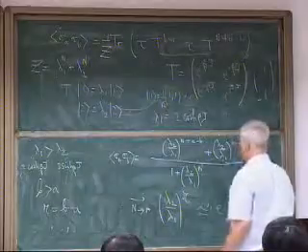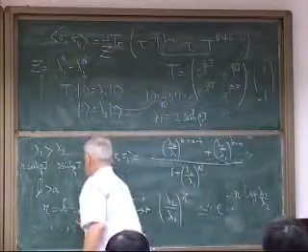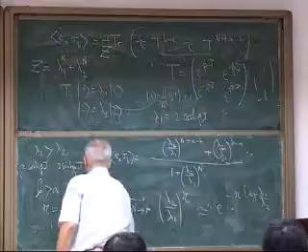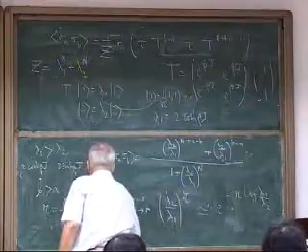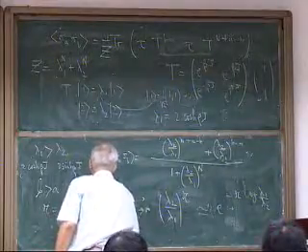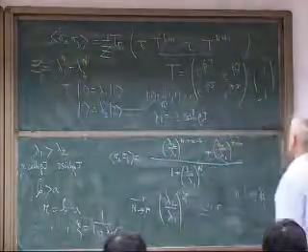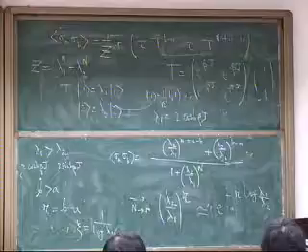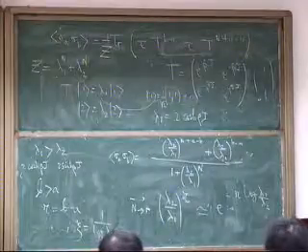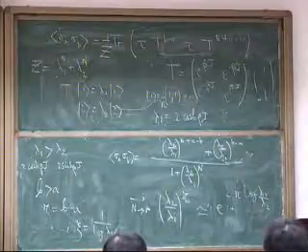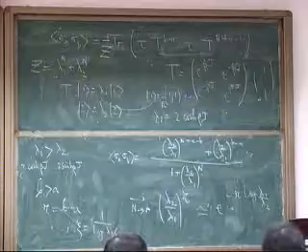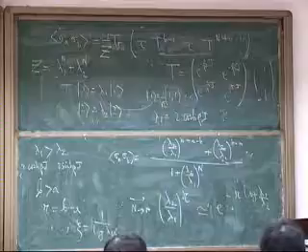There is a correlation length, c, which is 1 over log of lambda 1 over lambda 2. That's the result. Therefore, the correlation function falls exponentially with the distance.